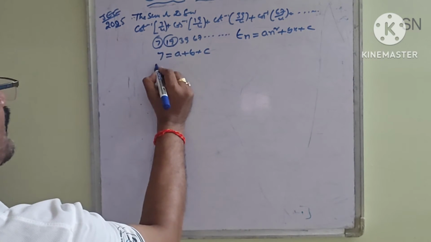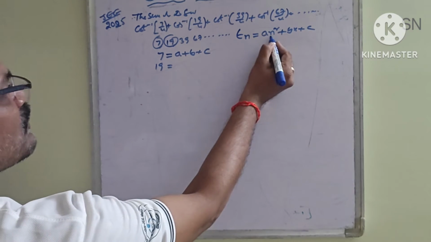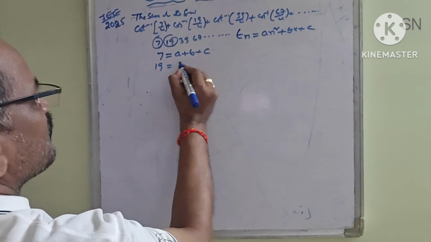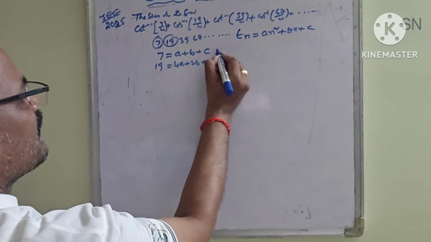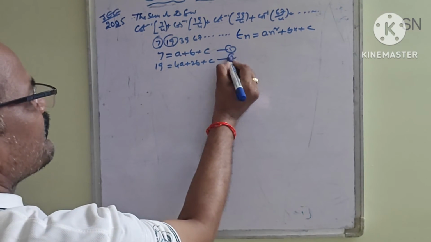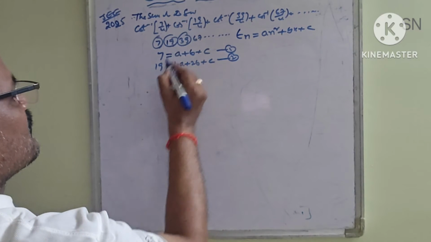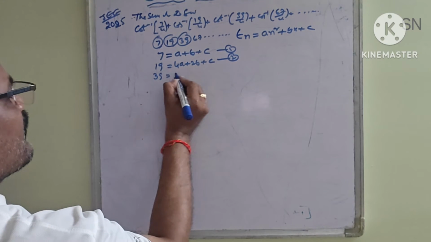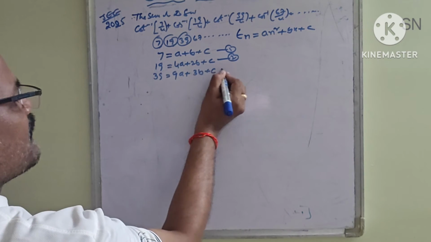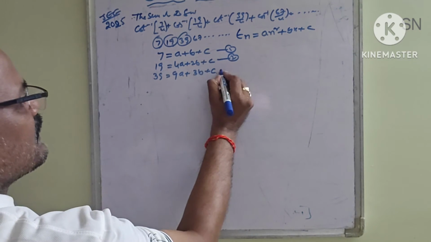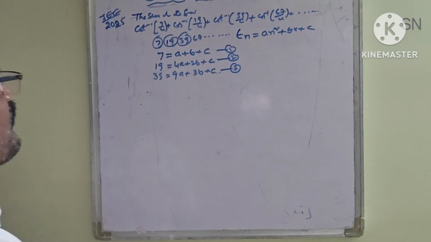Now the second term is 19. So put n equal to 2, 2 square is 4, 4a plus 2b plus c is 19. Say equation 1, say equation 2. Put n equal to 3, that is 39. Now 9a plus 3b plus c is equal to 39, so this is equation 3.